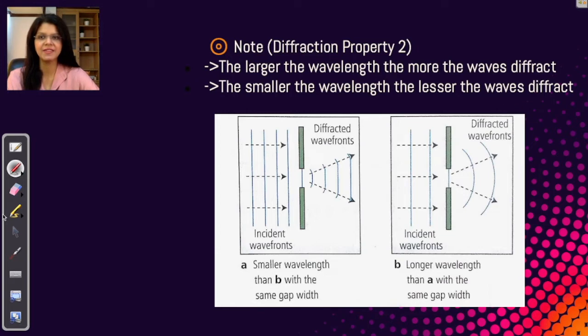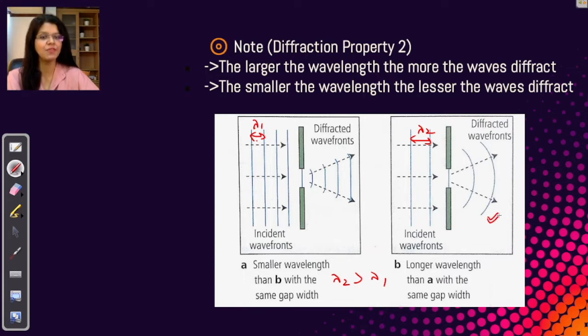How do you see that the wavelength is different? Check it for yourself. Compare the spacing between the wavefronts. This is your wavelength 1. Let's say this is your wavelength 2. Clearly you see that wavelength 2 is greater than wavelength 1. Which wave is diffracting more?